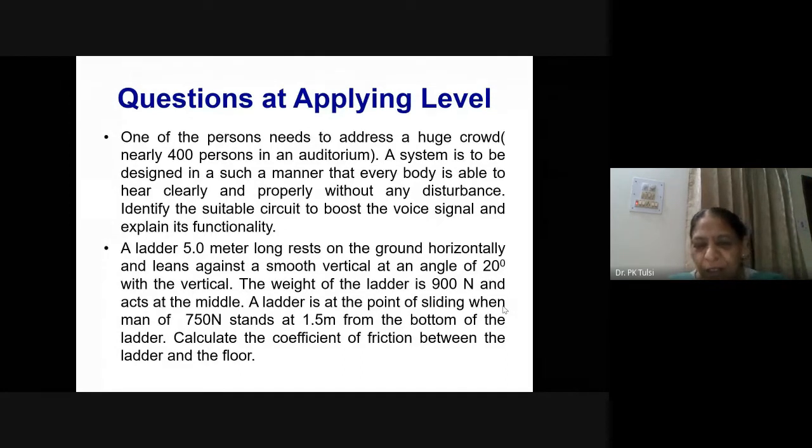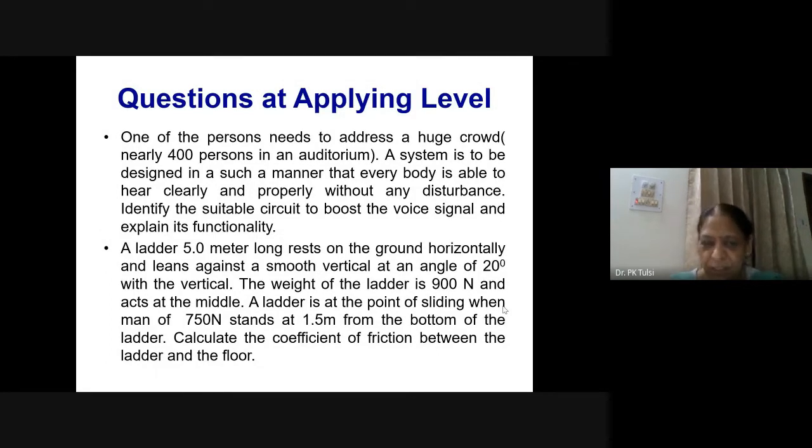So if you are including a new situation and the student is asked to apply a learned concept or a rule in that situation, you are assessing learning outcomes at the applying level. So you can see here that one of the persons needs to address a huge crowd. A system is to be designed in such a manner that everybody is able to hear clearly and properly without any disturbance. Identify the suitable circuit to boost the voice signal and explain its functionality.